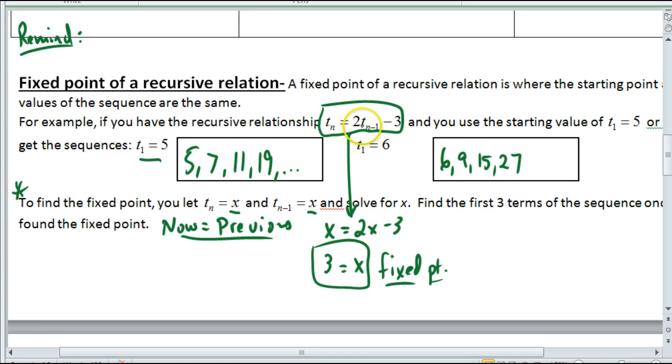If I take 3 and plug it in there, it's going to be 2 times 3 minus 3. That would give me a 3. And it doesn't matter if I keep on plugging in 3 over and over again, it's still going to give me the same. So this sequence would be 3, 3, 3, 3, and so on. So the fixed point is just the value that makes this repeat over and over again, the same term.